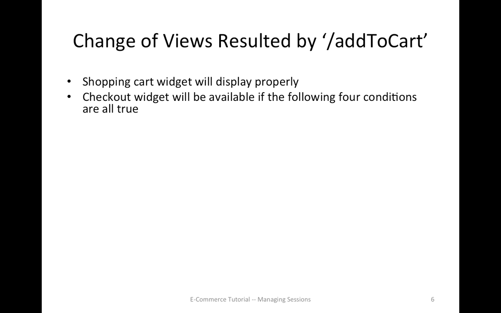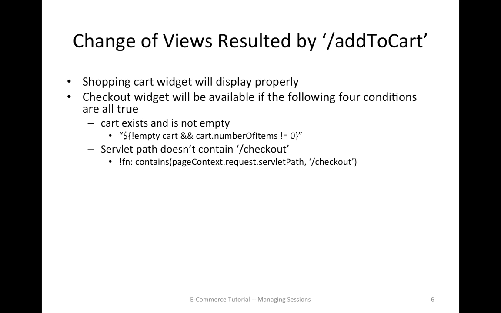Then the checkout widget will be available if the following four conditions are all true. First, cart exists and is not empty. This condition is true when we take the action add to cart. Second, the servlet path doesn't contain checkout, so the code will be like this: not fn:contains pageContext.request.servletPath checkout.